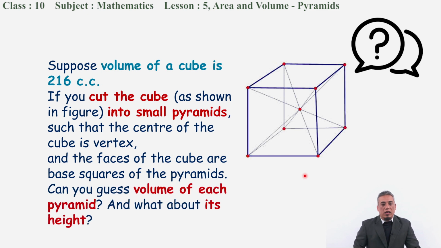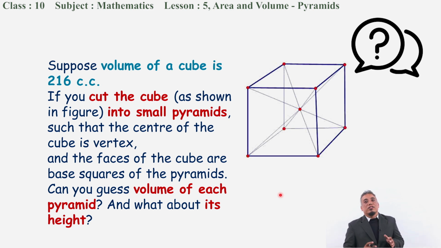Can you guess the volume of each pyramid? And what about its height? Okay, let's discuss this question. First of all, how many pyramids will be formed there? Can you guess? Yes, correct.